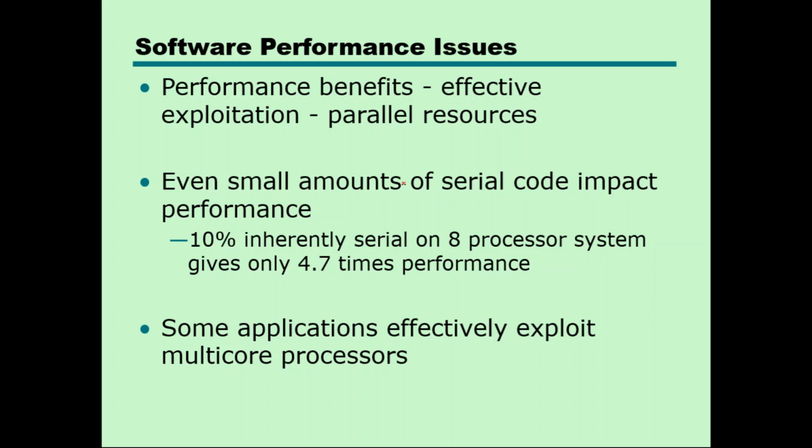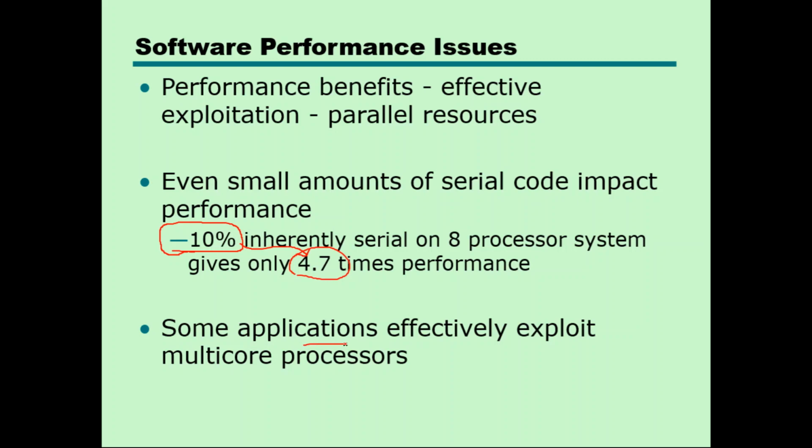Okay, further, in some cases, if in the software there is some part of the code which has to be executed serially, then that is also going to adversely affect the performance of the multi-core environment. Because even if there is 10% of the code that is to be executed serially, that is going to reduce the performance gain to 4.7 times.